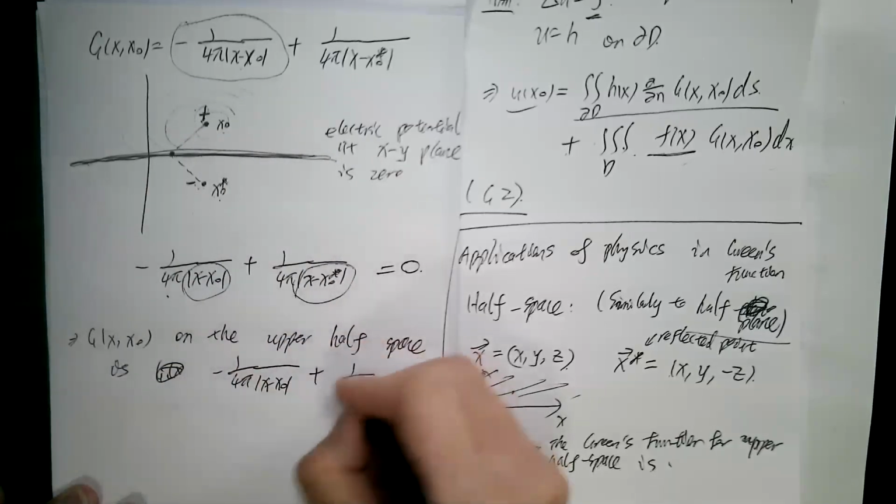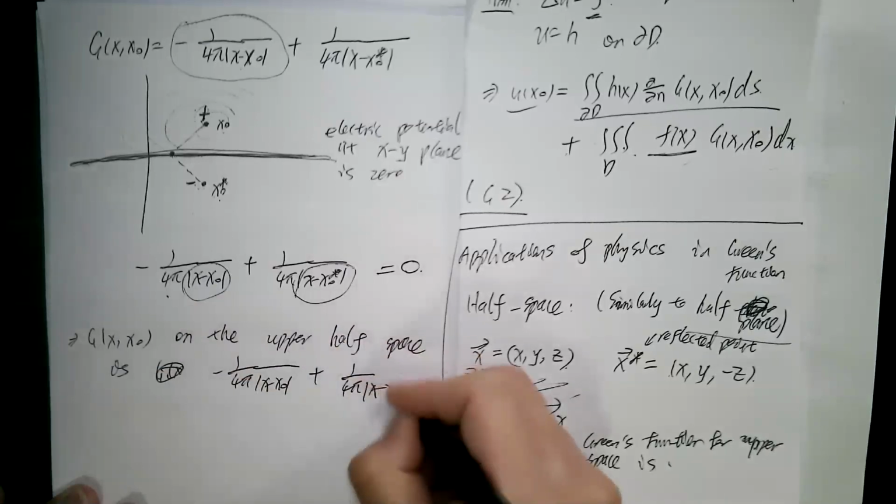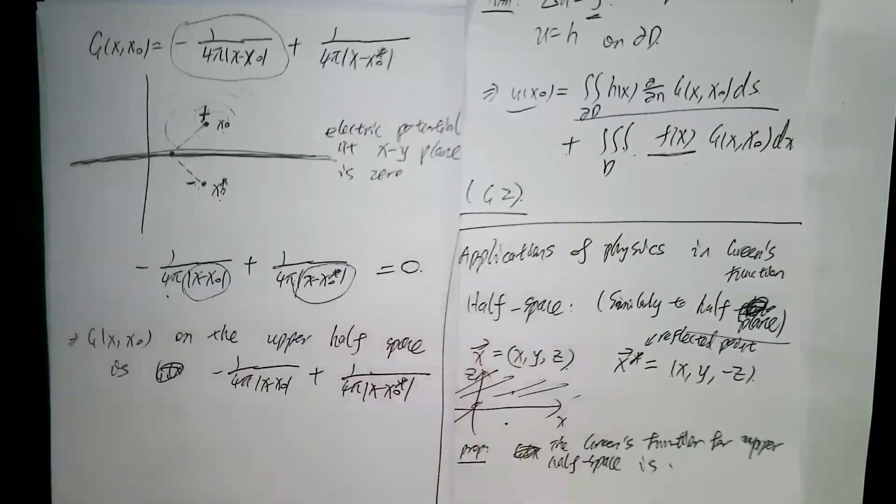Because it is harmonic, the distribution of the potential of electrons satisfies the harmonic equation, and it satisfies the zero boundary condition, making the electric potential at the boundary equal to 0. You can check that properties 1, 2, 3 of the Green's function are satisfied.